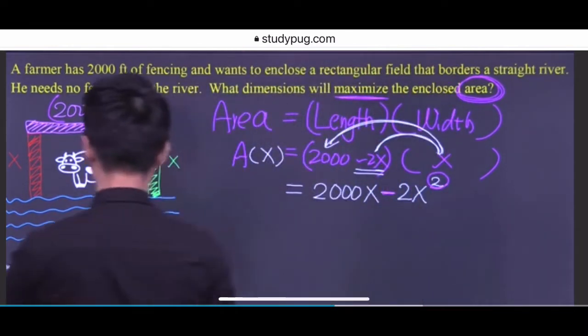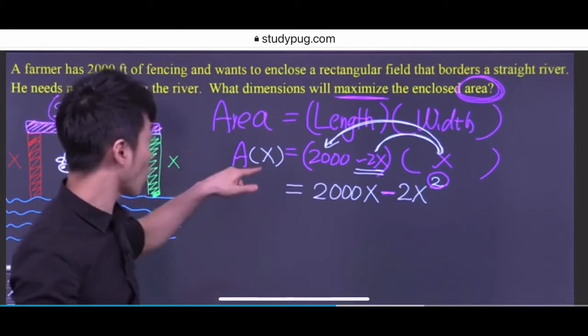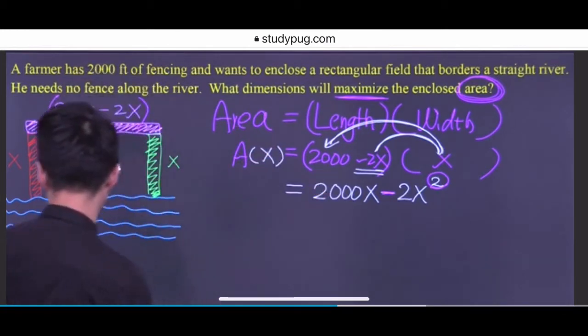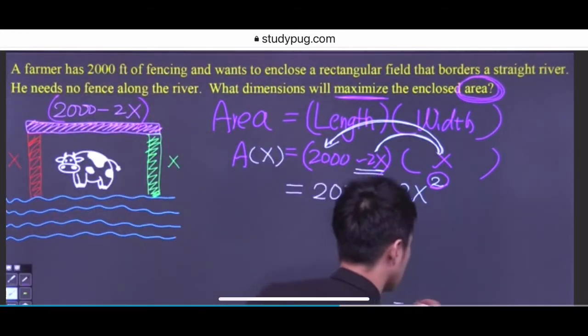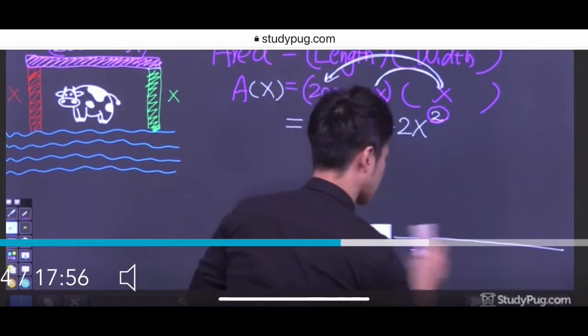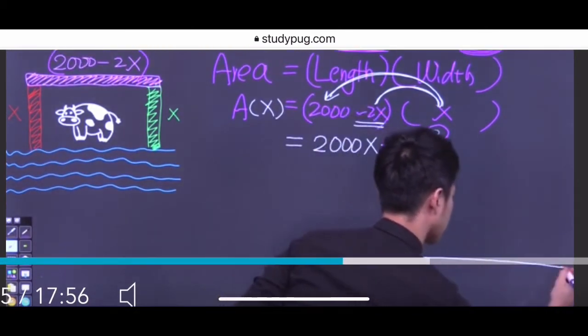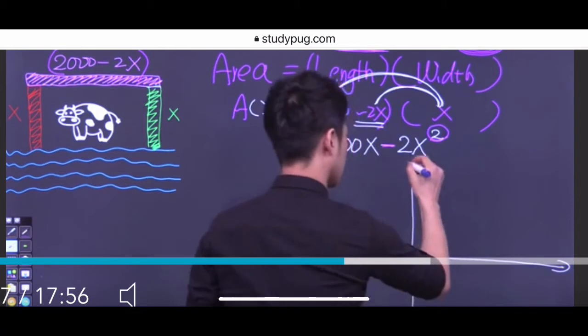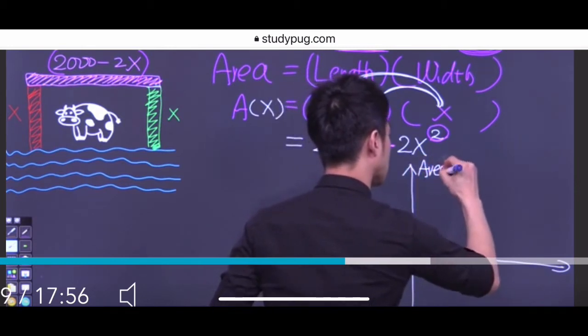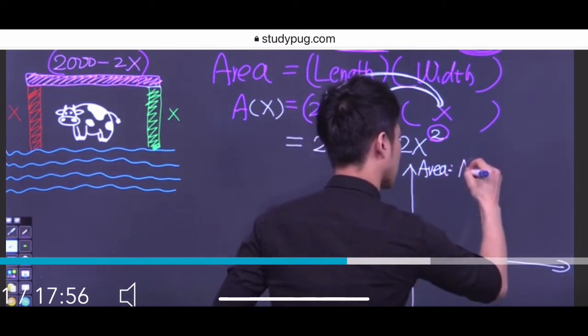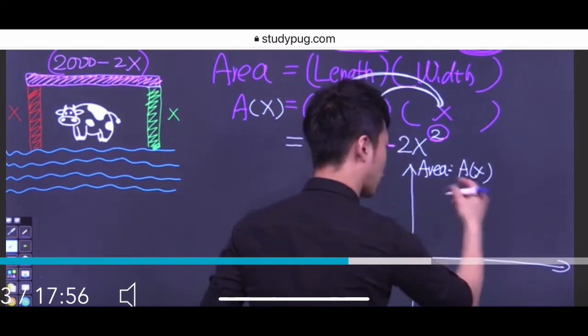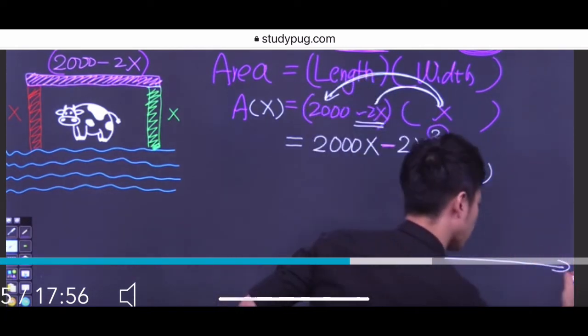So if I draw the graph of the area function, I should expect to have something like this. An area function denoted as A of x, an area function as a function of x, right?